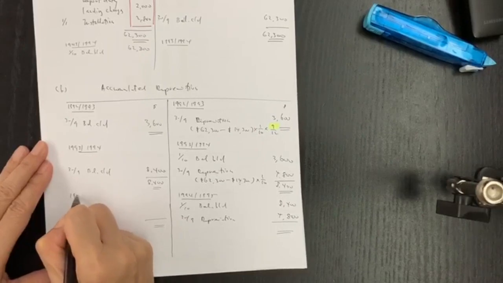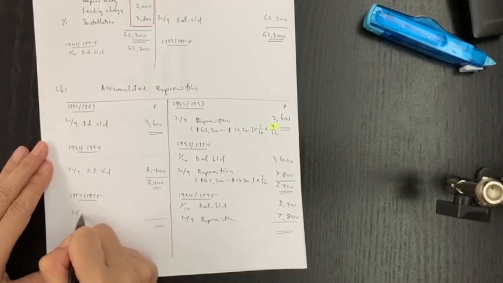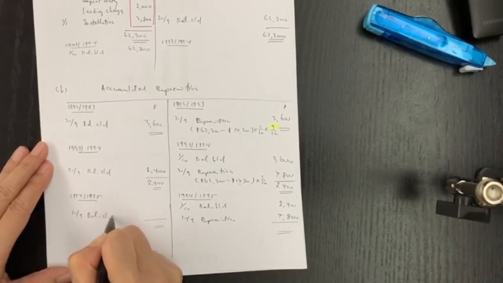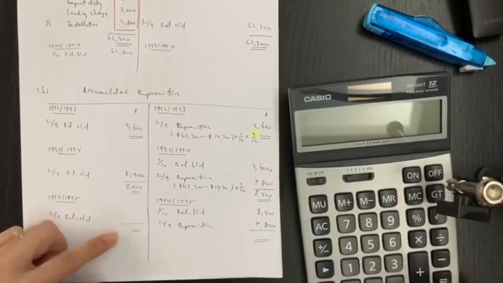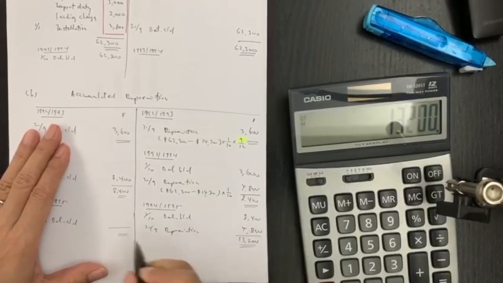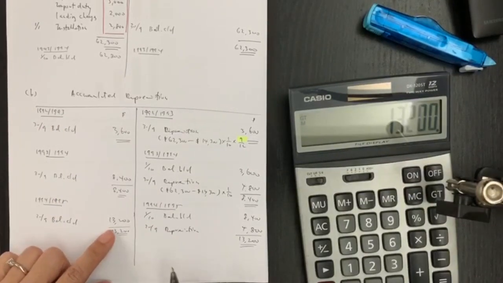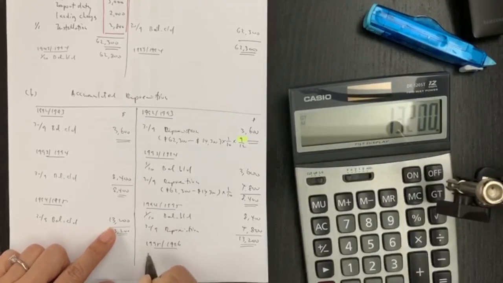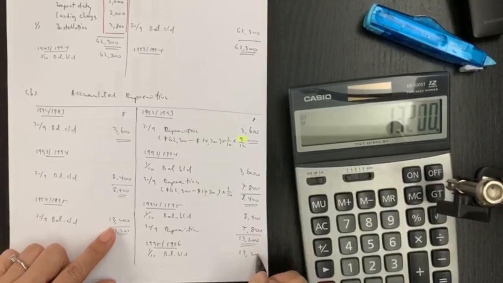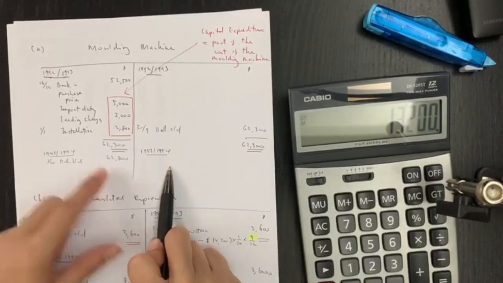So for 1994, 1995, and this is the 30th, the financial year end, that will be 8,400 plus this, so altogether I have 13,200, and this 13,200 will be the opening balance. So first of this, 13,200.